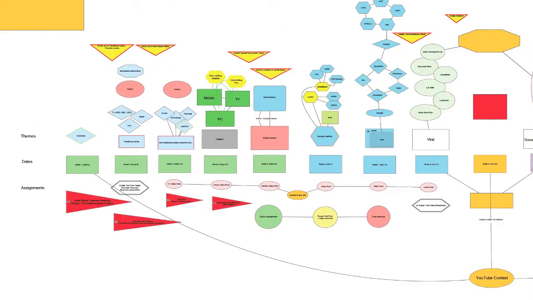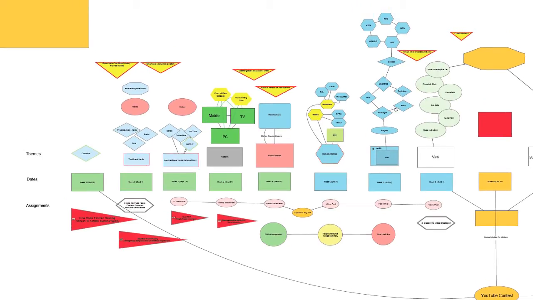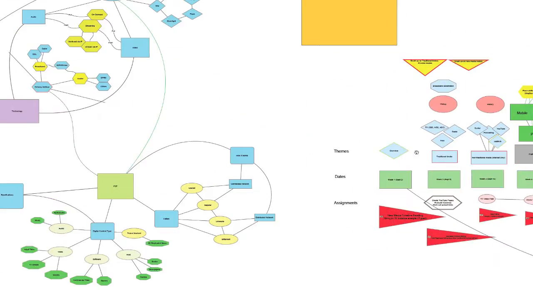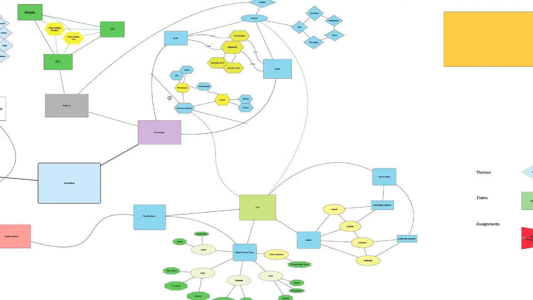The mind map's separated into themes, dates, and assignments. So if you were to look at this horizontally, everything every week is represented by a column. Okay, and the reason why this isn't completely structured, week by week by week in columns and organized, is because some of these things kind of work together.